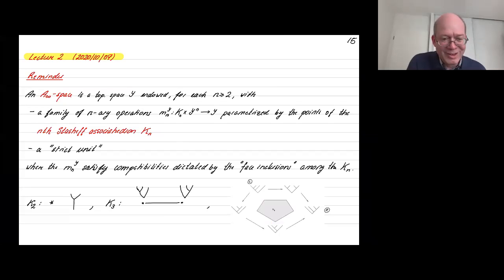I haven't been very precise on that. A convenient way to give a precise formulation would be to use operads, but we won't need this.